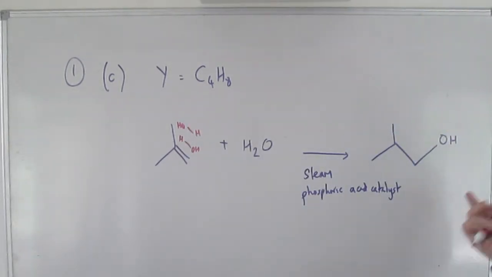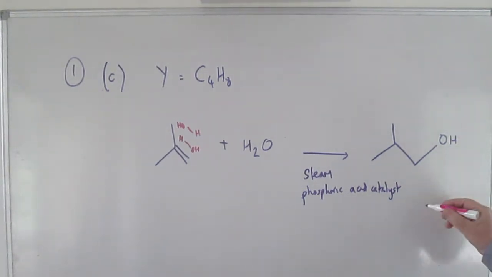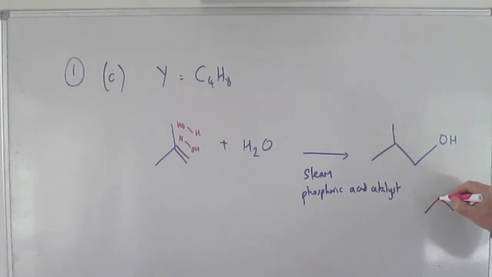So actually this would be a rubbish method of making this compound, because the major product would very definitely be the alternative alcohol, which would be this one. So if you thought about that, that was great, that was a good job, but in fact this was the only possible answer anyway, so you just had to go with it.